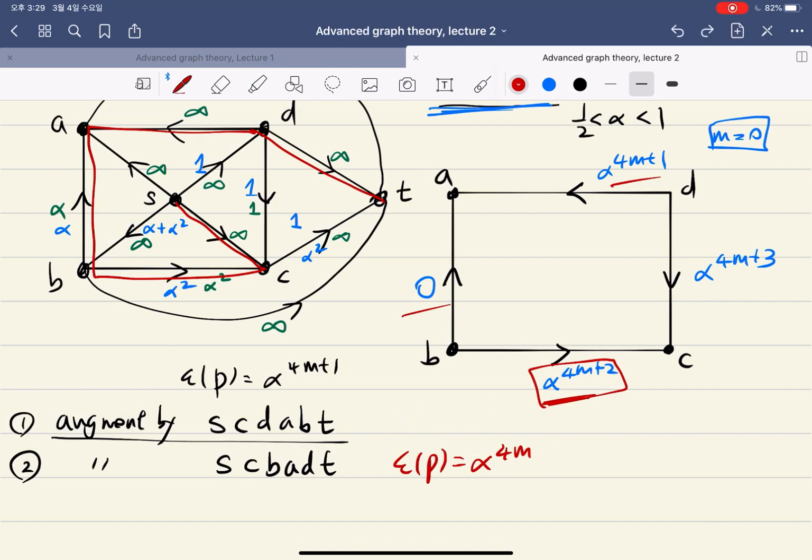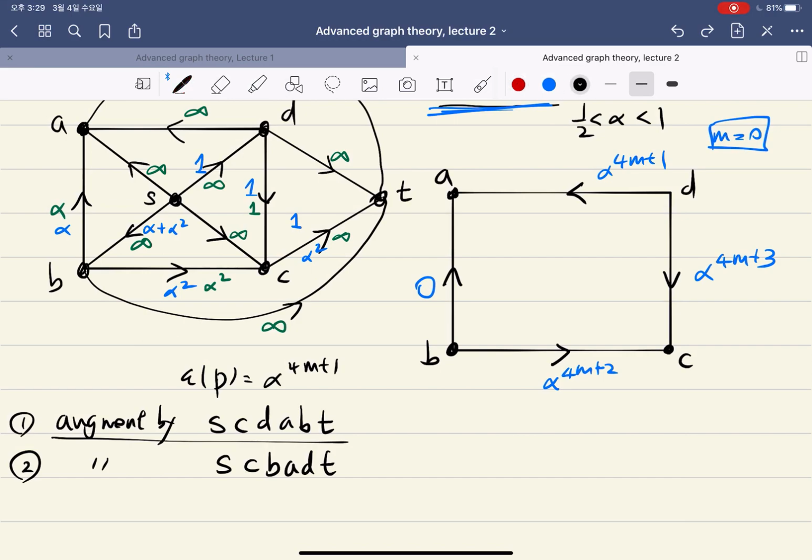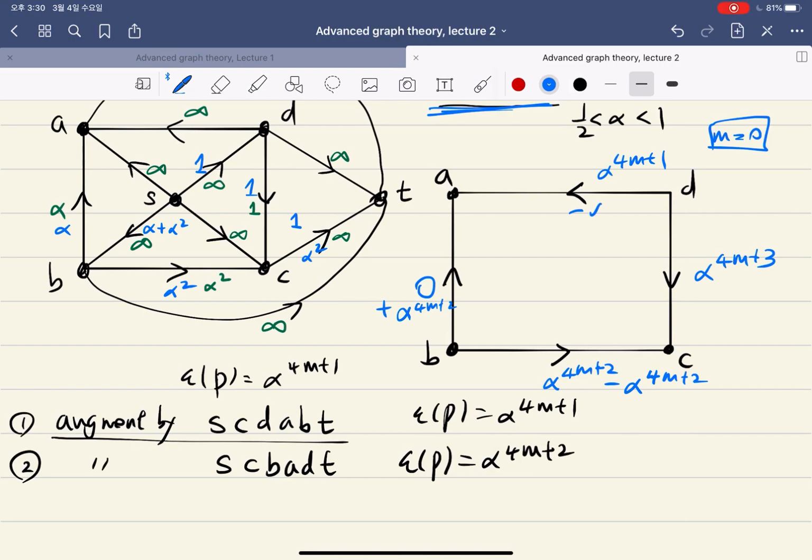Wait, sorry. Let me delete that red line. So then what happened? You subtract that amount and you add that amount from this BA, and then here you subtract that amount.